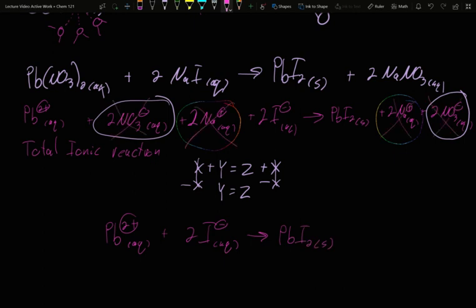So we can cancel out our sodiums and we can cancel out our nitrates. All that is left is the ions that are actually reacting. And this has its own term. This is the net ionic equation, or net ionic reaction, however you want to describe it.